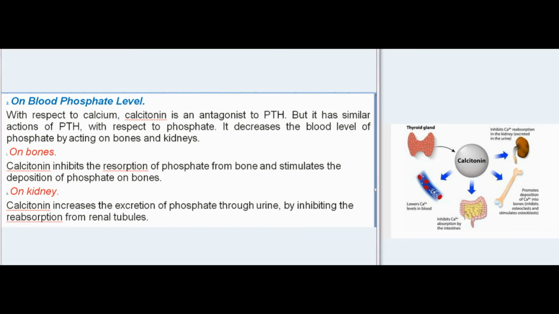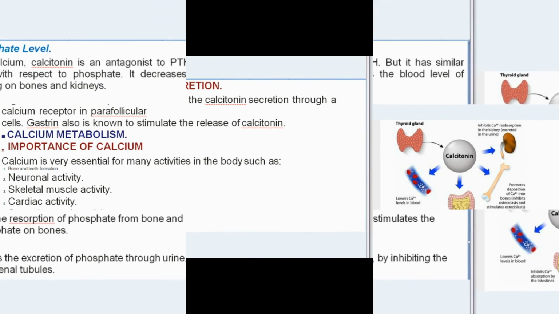But it has similar actions of PTH, with respect to phosphate. It decreases the blood level of phosphate by acting on bones and kidneys. On bones. Calcitonin inhibits the resorption of phosphate from bone and stimulates the deposition of phosphate on bones. On kidney. Calcitonin increases the excretion of phosphate through urine, by inhibiting the reabsorption from renal tubules.